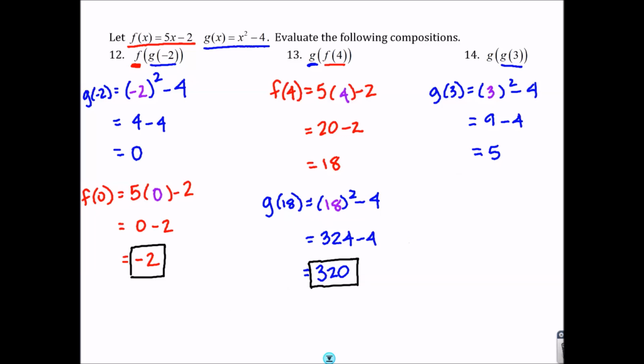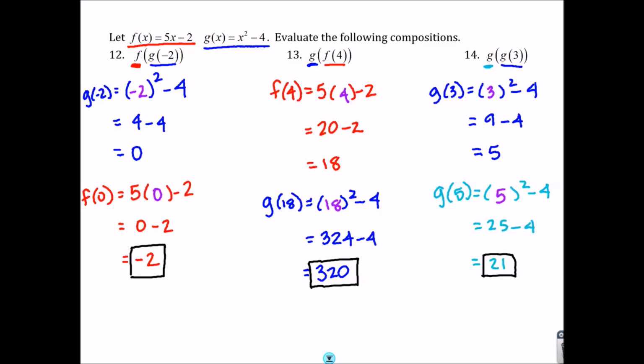Then I'm going to take that answer and plug it in to g of x again. So if I have g of 5, 5 squared is 25, minus 4 is 21. So that is our final answer.